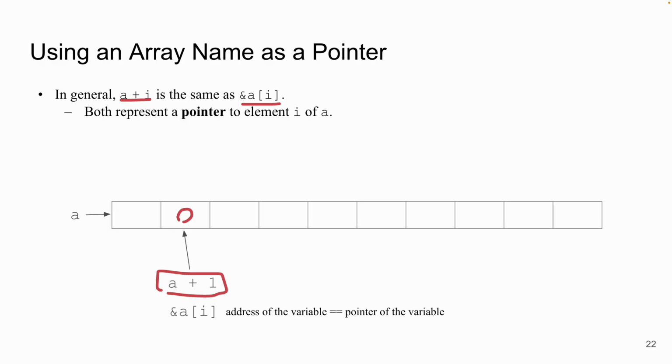However, the other thing we need to know is the relationship between the expression of pointer arithmetic and the expression of array indexing. Actually, these two are the same. So you need to know how to transfer from this expression to this expression, because we are familiar with array indexing, right?